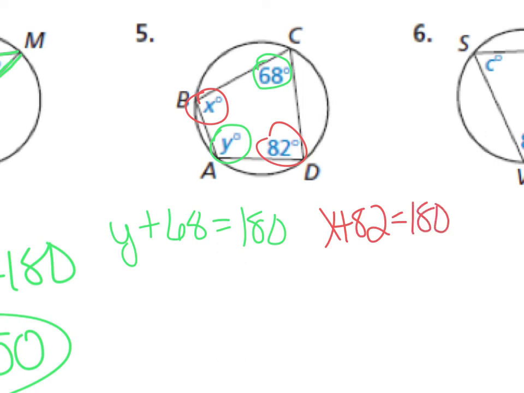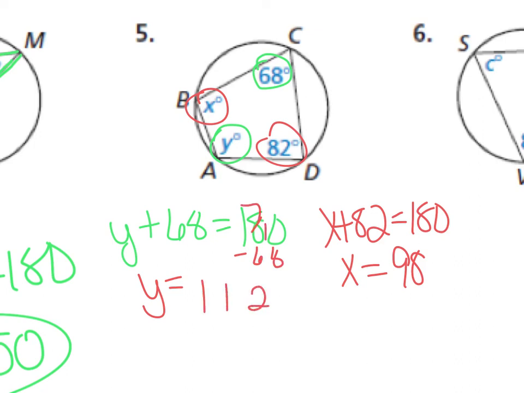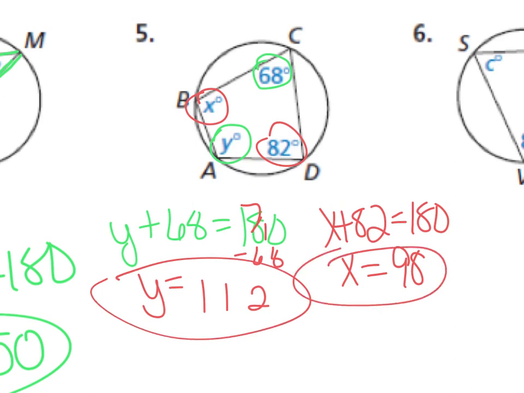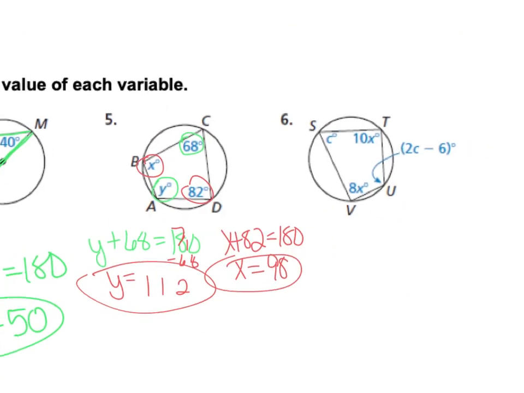So if I subtract 82 from both sides, x is going to be 98. And if I subtract 68 from both sides, y is going to be 112.